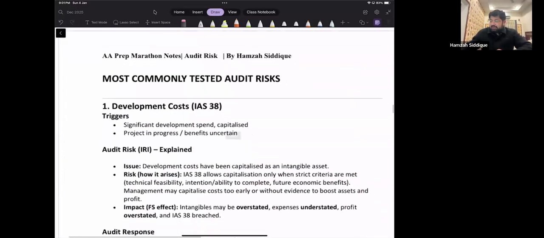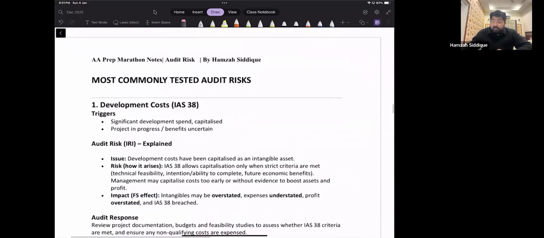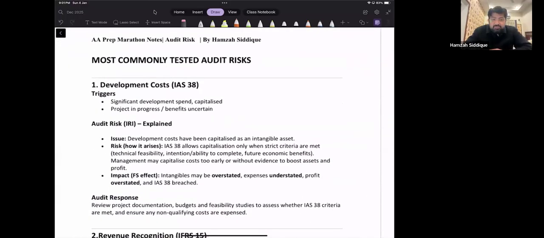So, now, very important, I have analyzed your past papers and identified the most commonly tested audit risks. I have gathered some: what are the triggers present in the scenario, and how you need to explain audit risk and audit response. So the first one is development cost.